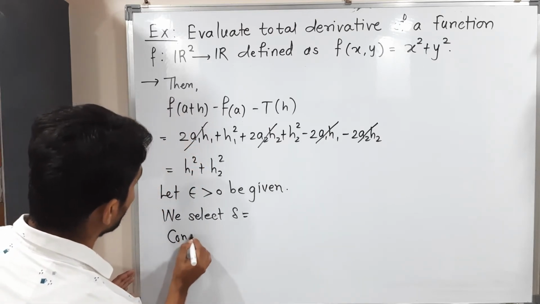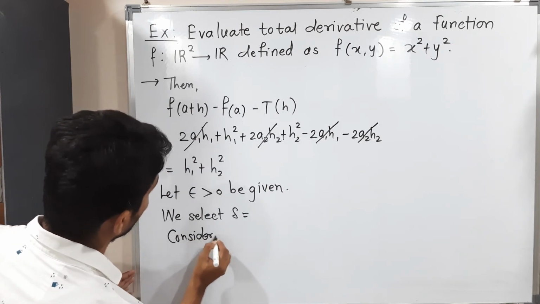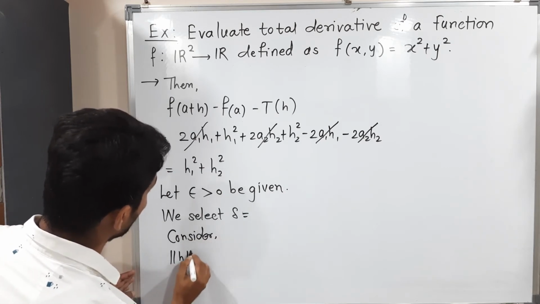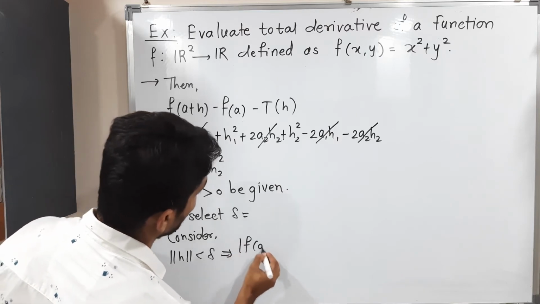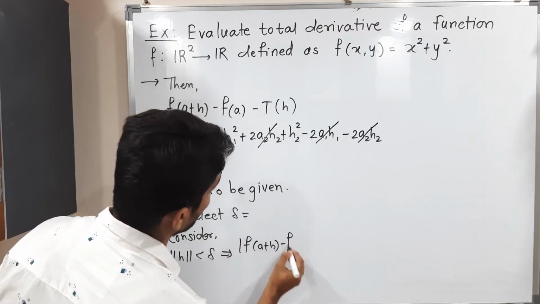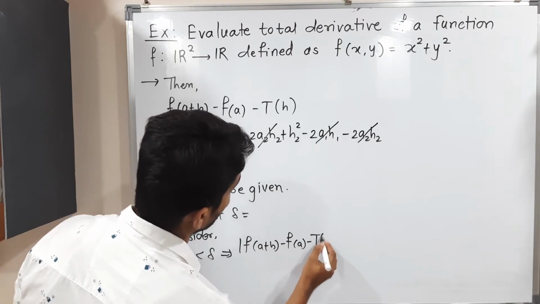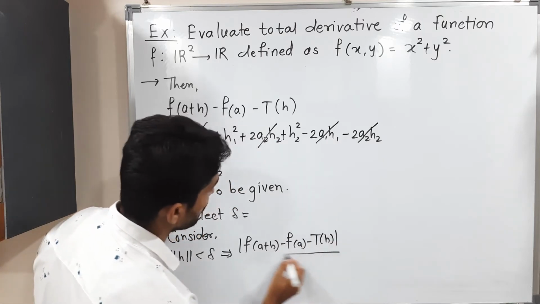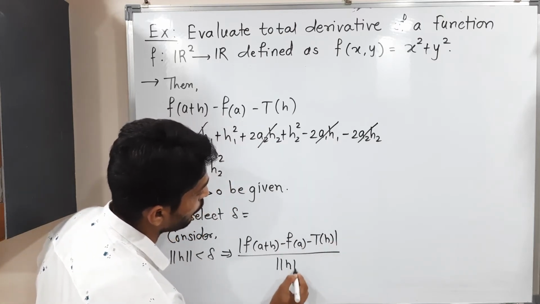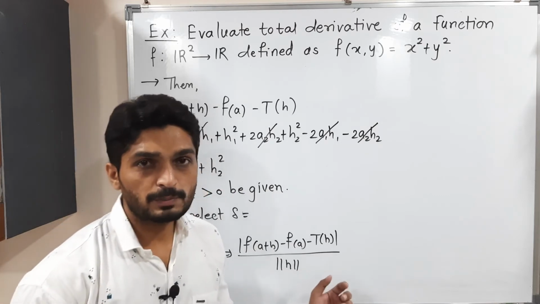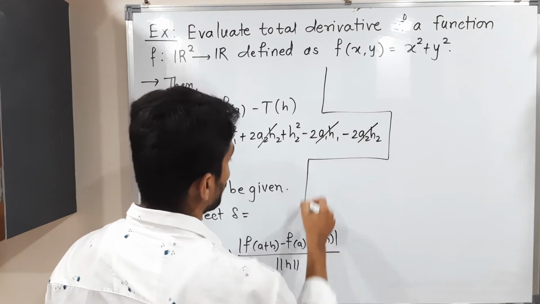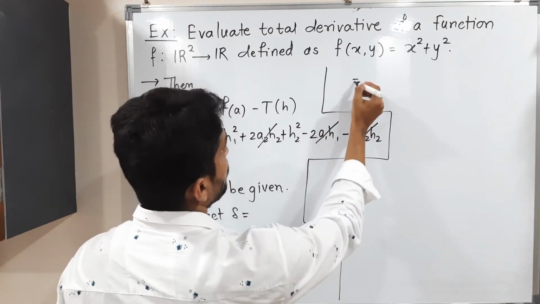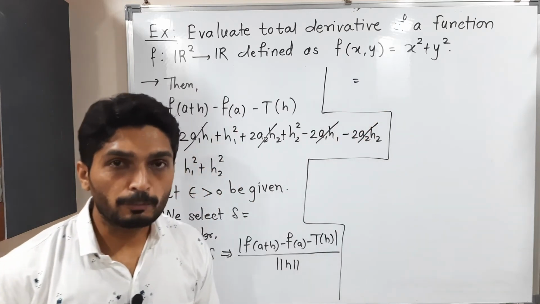Consider, I am considering the definition, consider norm h less than delta implies mod f of a plus h minus f of a minus t of h divided by norm h. No more space we have here, so I will continue on here. This is equal to, see, what about the numerator?